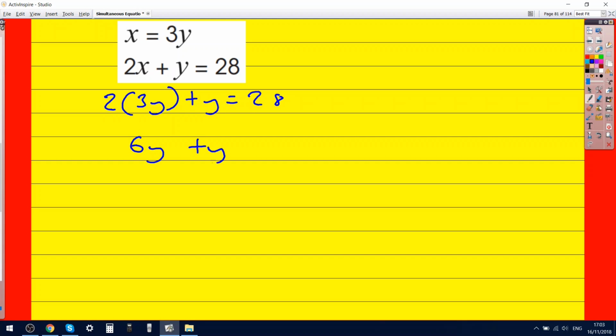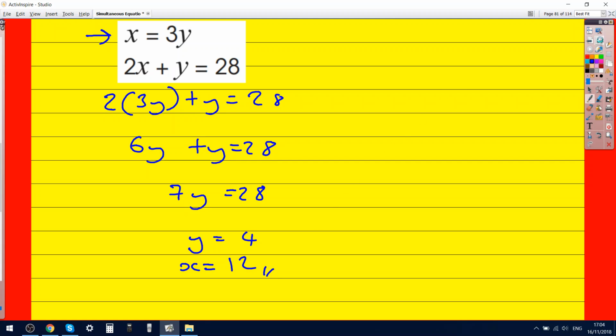And then that means that y equals 4. And x equals... x equals 21. x equals 3y? Yeah, so does x equal... Oh, x equals 12. Yeah.